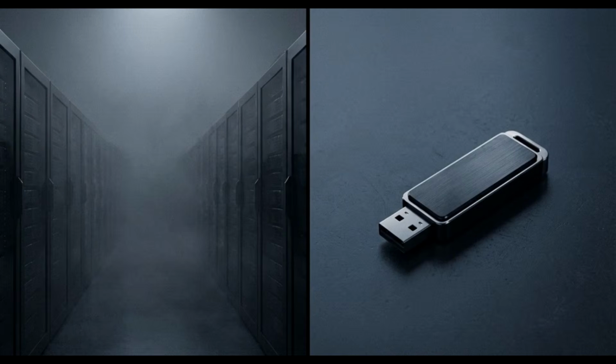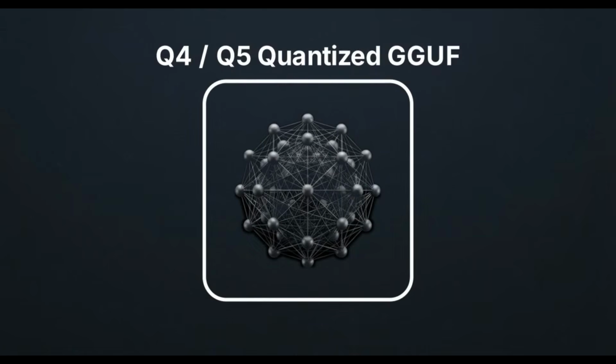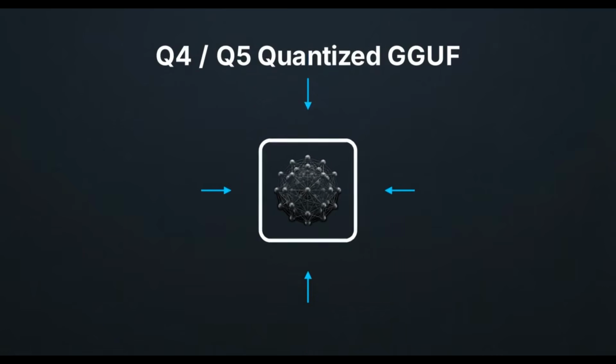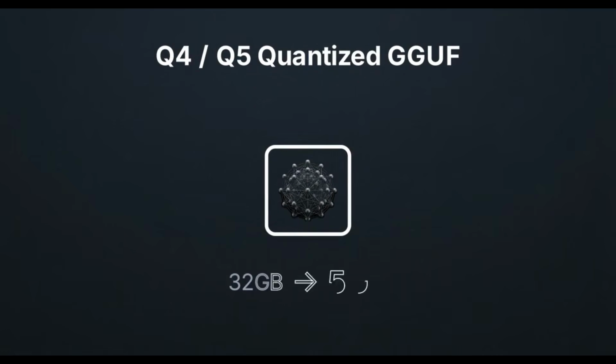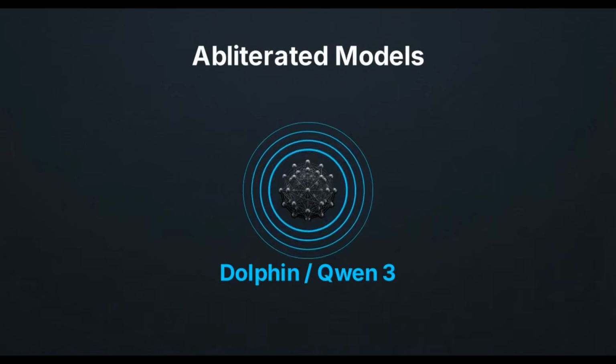The immediate challenge is figuring out how to fit a massive, server-sized artificial intelligence onto a standard consumer USB stick. We use Q4 or Q5 quantized GGUF models. This mathematically compresses the neural network's weights, drastically reducing file size without destroying core reasoning. For an uncensored drive, you select specific abliterated models, like Dolphin or Qwen 3.